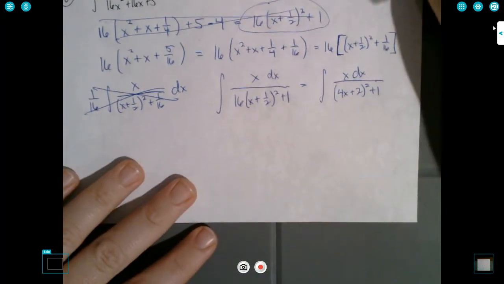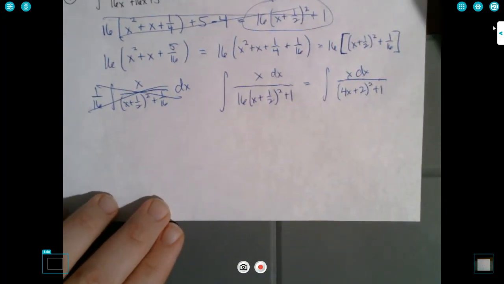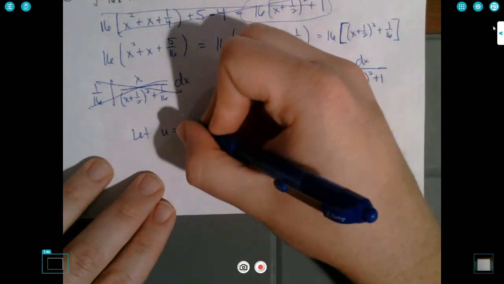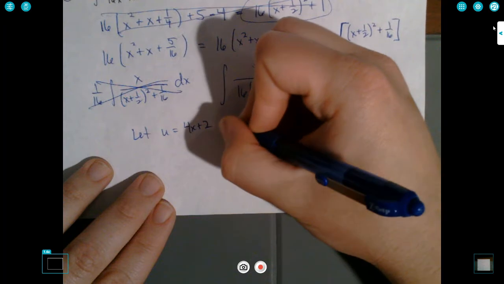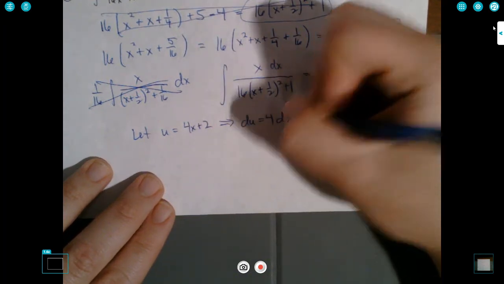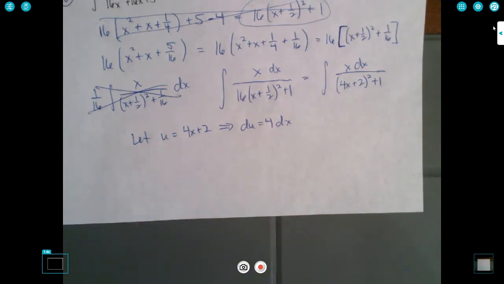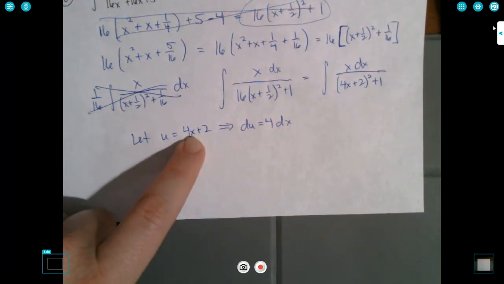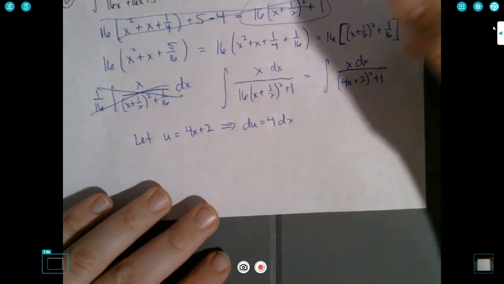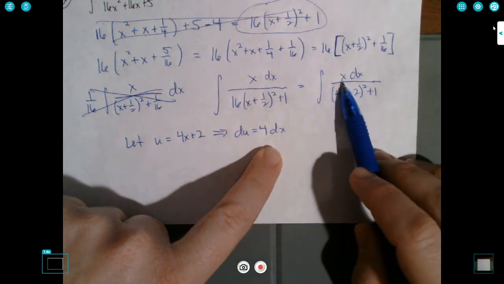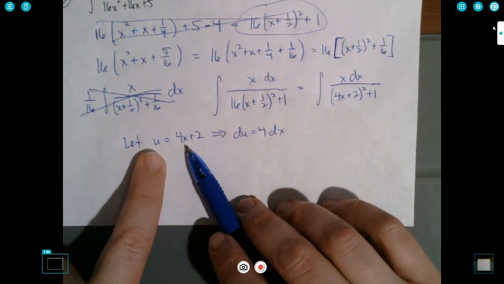Okay, so now let me show you what we can do with this. We let u be 4x plus 2, and then du is going to be 4 dx. Now also, if u is 4x plus 2, notice I've got du is 4 dx, but here I've got an x that I still have to deal with. So I can solve for x here.